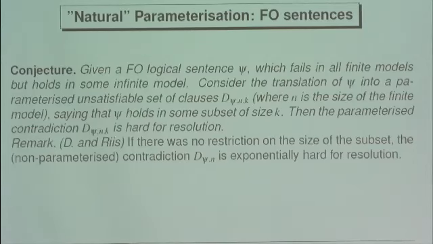Well, if you did that, but restricted the size of the potential subsets to be at most k, you get something which is parameterized more or less naturally by k.